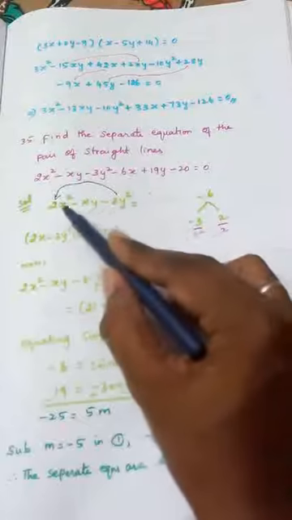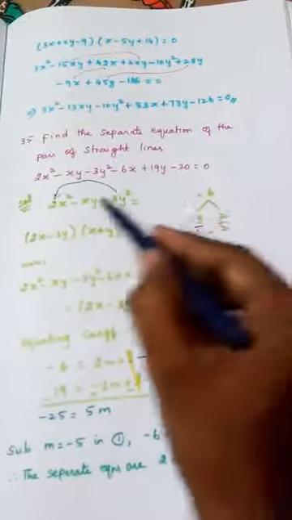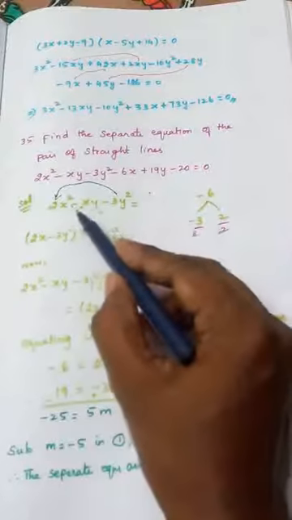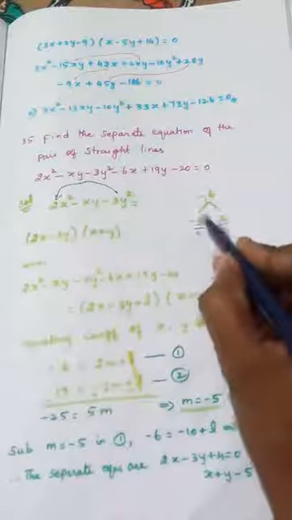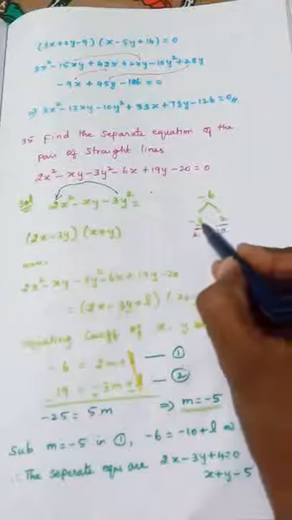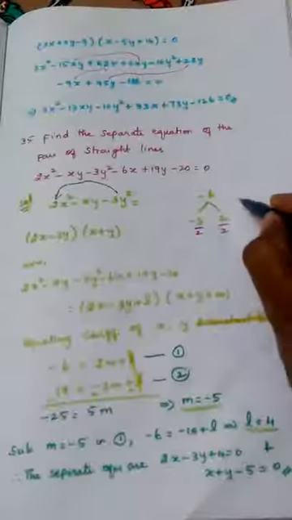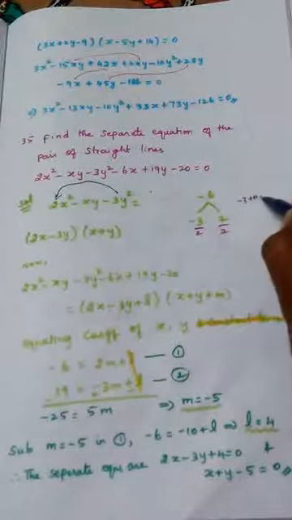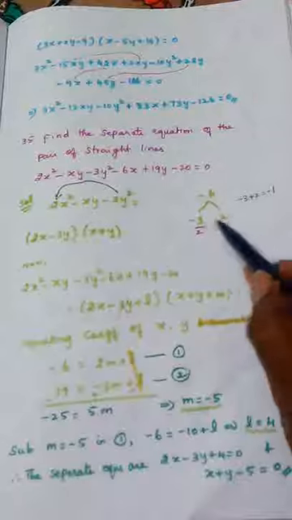Again I repeat, minus 3 into 2 is nothing but minus 6. It will be split, and what number is present here? Minus 1, right? So we have to split accordingly. Minus 6 is written as minus 3 into 2. When I multiply these two, I'll be getting minus 6. When I simplify these two, that is minus 3 plus 2, the answer is minus 1, which is present here. So this is the correct way of splitting.